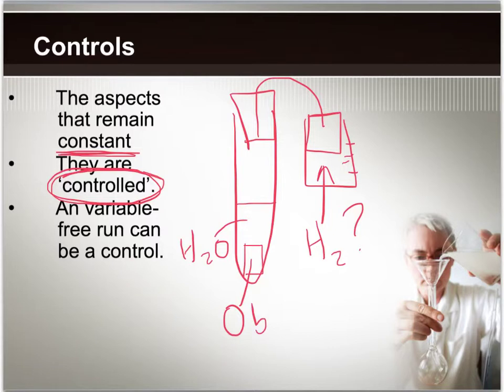Putting that in water enables us to see whether or not it is purely the thing that we were varying, which is the naphthalic acid concentration, that was producing the result. If by some chance we combined unobtainium and water and still got hydrogen coming off, then we know that the naphthalic acid is not the only factor that's causing that.